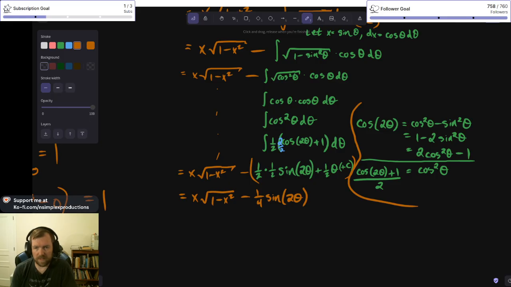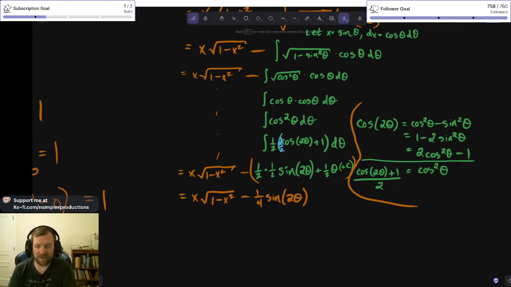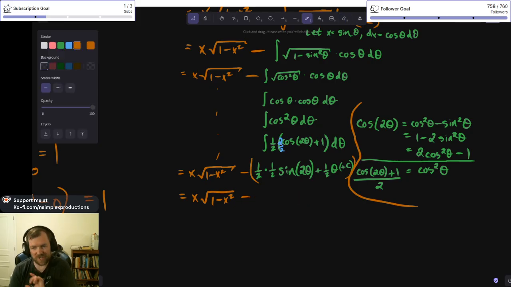Ah, right. Yes, theta. That was why I color-coded it in the first place, to remind myself not to skip on changing it back. So this is going to be a minus 1/4 sine of 2 theta.